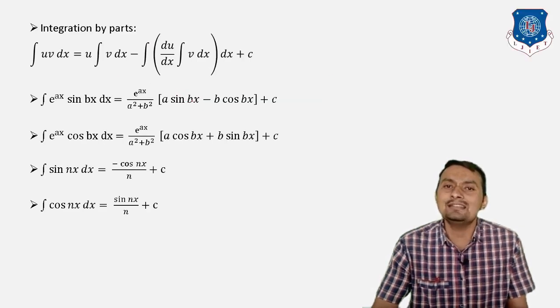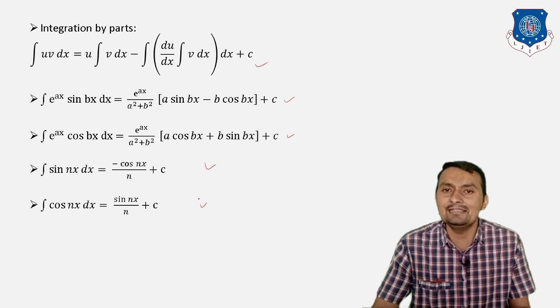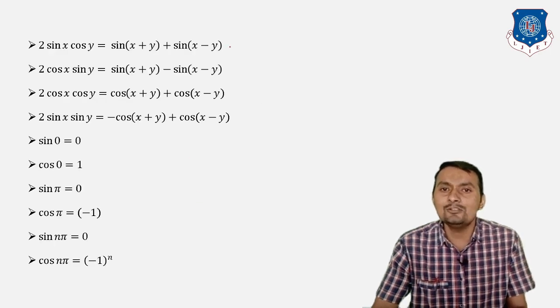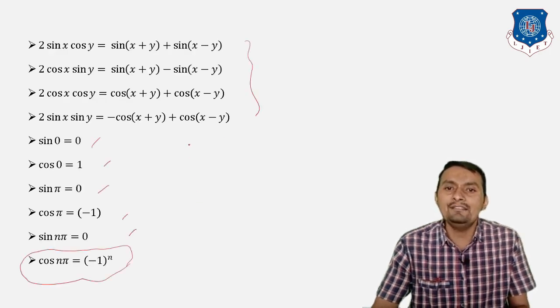Now there are other formulas that you are already familiar with, so you can remember them, and we will use those formulas in this chapter. These are also familiar. Whenever we consider cos 2n pi, it is going to be 1. But if I say cos n pi, the answer is going to be minus 1 raised to n.